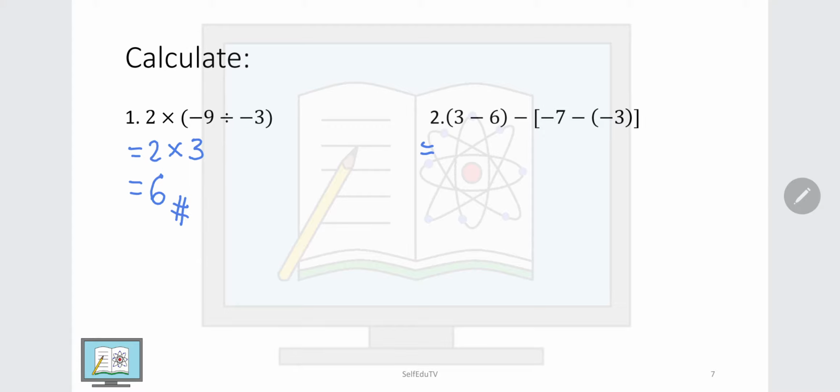3 minus 6, we solve the one in bracket, will be -3. Negative, negative will be positive. Negative 7 plus 3 will be negative 4.